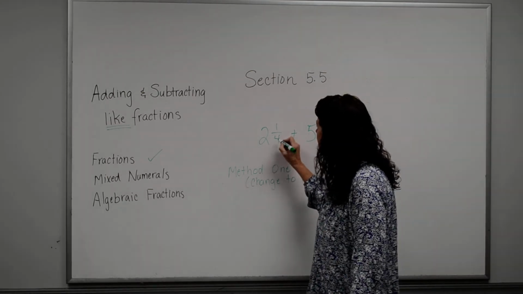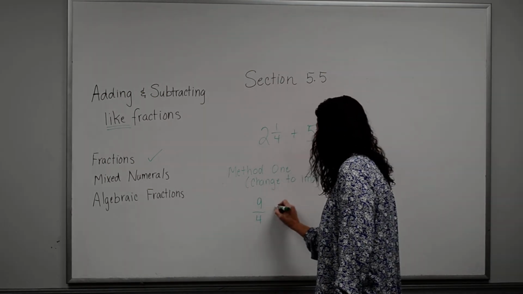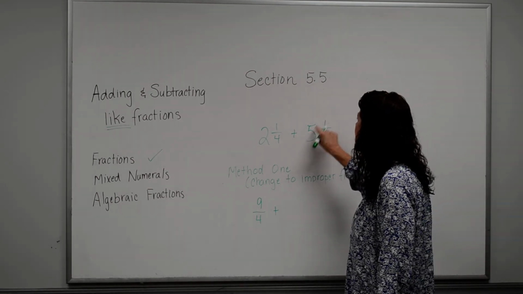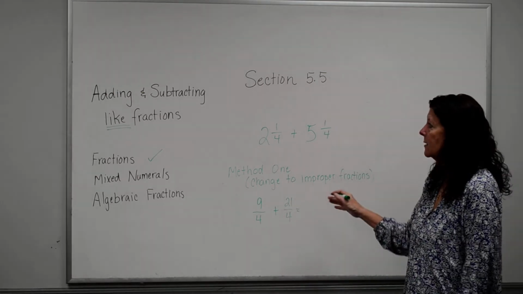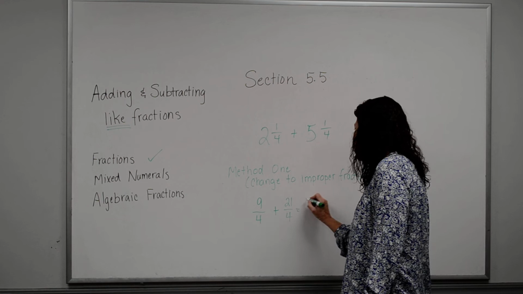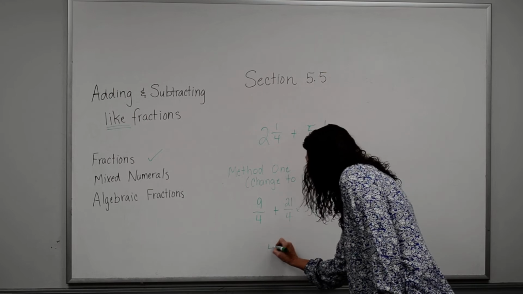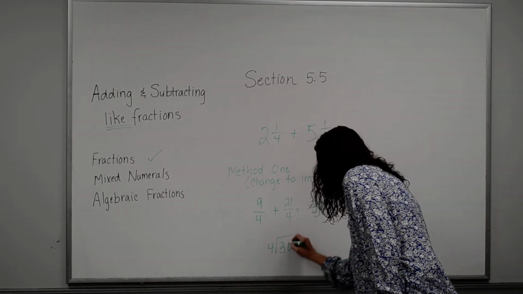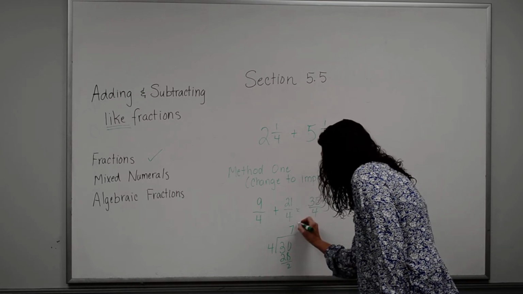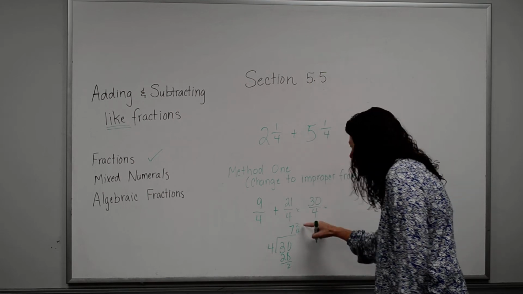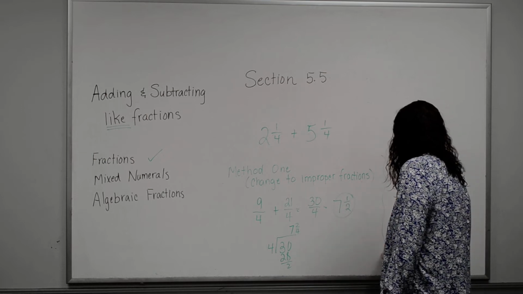So I'm going to change this. 4 times 2 is 8, plus 1 more is 9, so that gives me 9/4, plus 5 times 4 is 20, plus 1 more is 21/4. Now I just add straight across like I was doing with this one. So that gives me 30/4, which is an improper fraction, so I'm going to divide 4 into 30, the bottom into the top. Goes 7 times with 2 left over, so I have 7 2/4, which 2/4 reduces down to 1/2. So 7 1/2 would be my final answer.